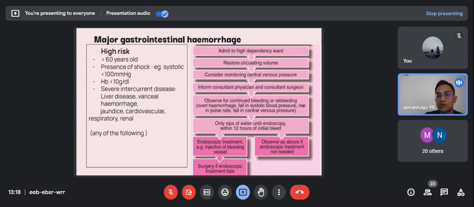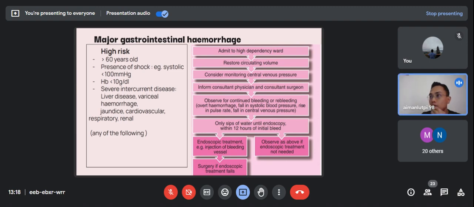We restore circulating volume, and then consider monitoring central venous pressure, and we observe for any continuous bleeding. So we do endoscopic treatment, for example, injection of the bleeding vessel, and we can consider observe as above if endoscopic treatment is not needed.